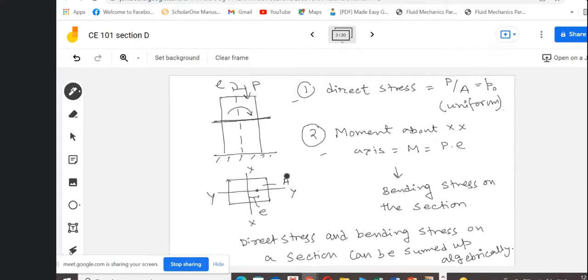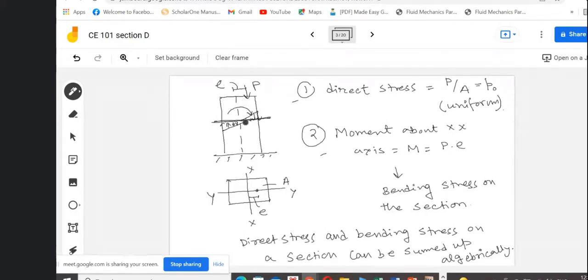And also from the bending stress of a section, we know that one part will be compressive in nature and the other part will be tensile in nature. So for this case, due to this application, this portion will have some compressive stress because the load is acting here, and for this portion it will have some tensile stress.